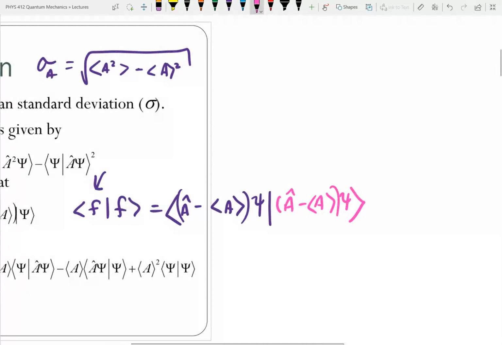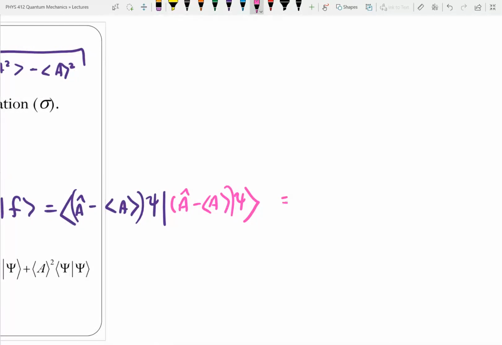That's just the simple expansion, and showing it as an integral would be the integral over all space.